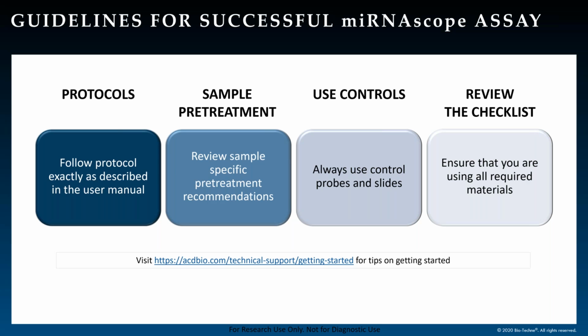The pretreatment condition will differ from sample type to sample type and may require some optimization, so be sure to review the sample pretreatment recommendations for your sample type. Using controls is highly recommended to assess sample RNA quality and optimal permeabilization, especially when you're troubleshooting your assay. And lastly, it is critical to make sure that you have all the required components before you begin the assay.